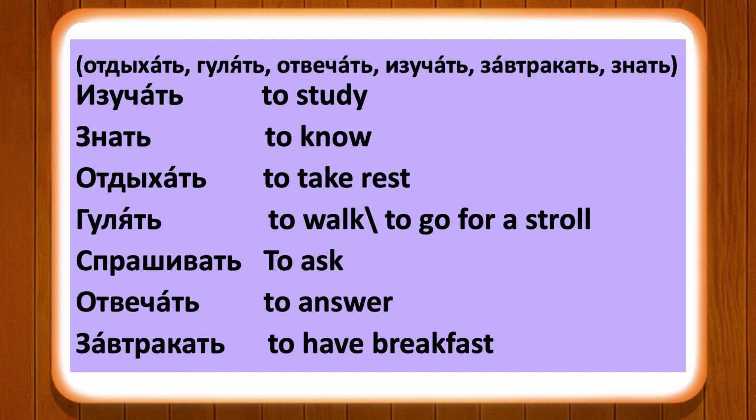All these verbs have the ending -ать, -ять, soft sign, and therefore they belong to the first conjugation group. So they will be conjugated in a similar manner as читать or делать.